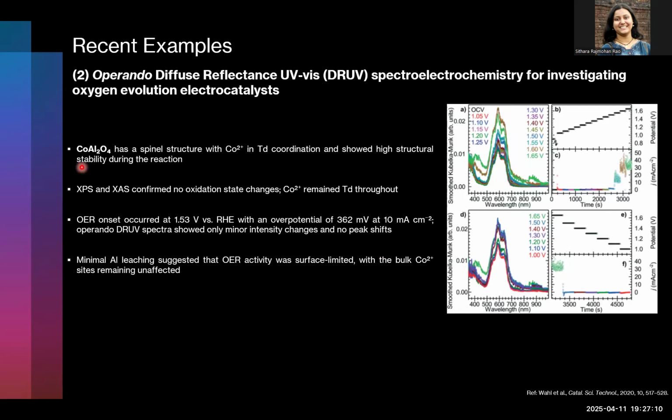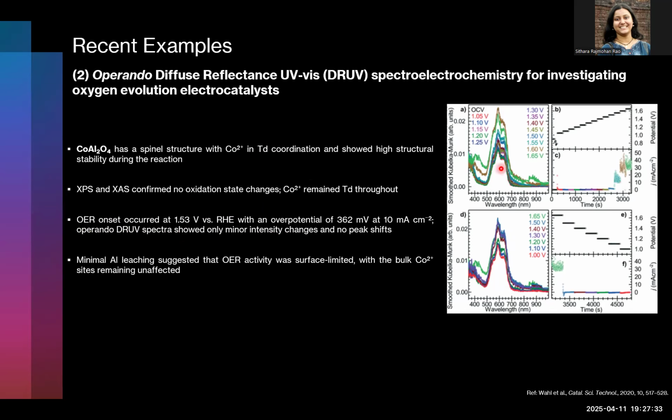The second catalyst, cobalt aluminum oxide, however, did not show all these exciting results. All throughout the OER, it remained in the cobalt 2+ oxidation state in the tetrahedral coordination, and they performed XPS and XAS to confirm that as well. Even so, the OER onset did occur at 1.53 volts. The spectra showed only minor intensity changes and no peak shifts, as we can observe here.